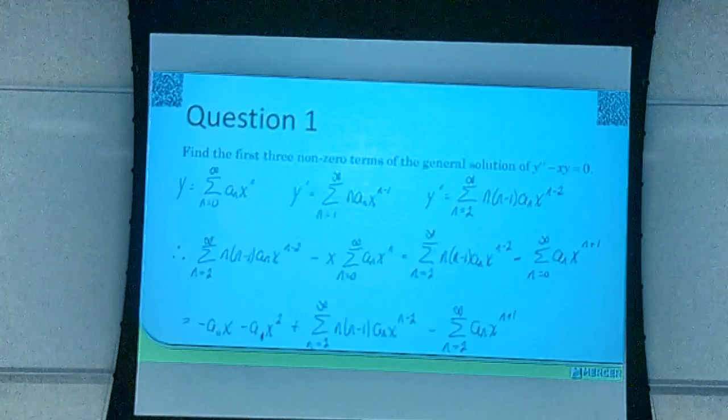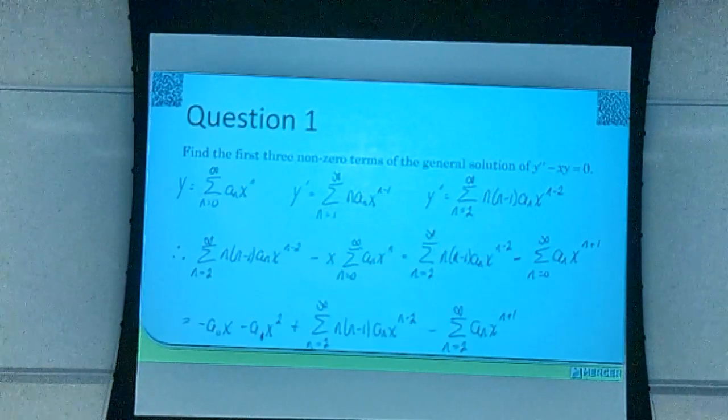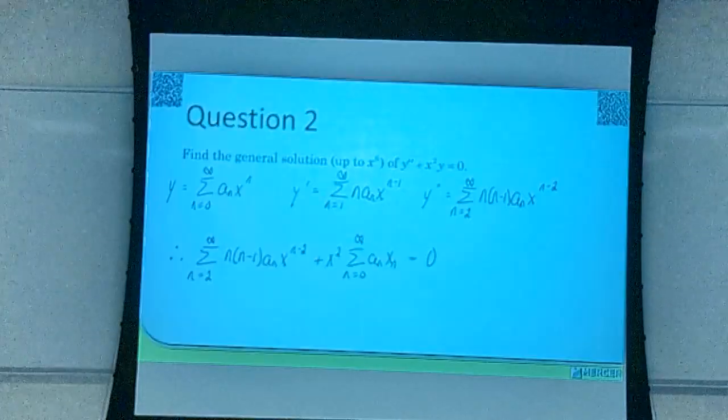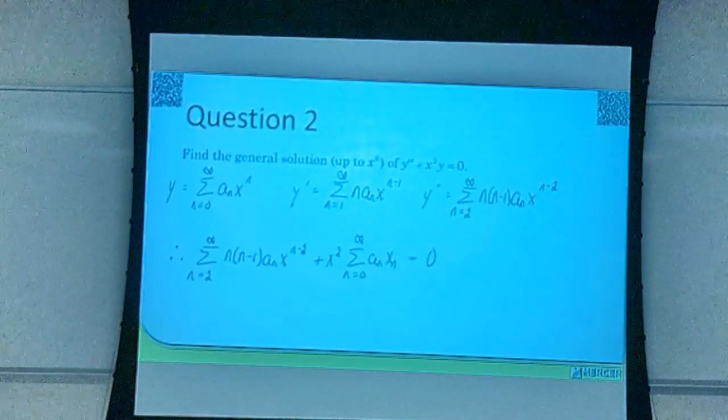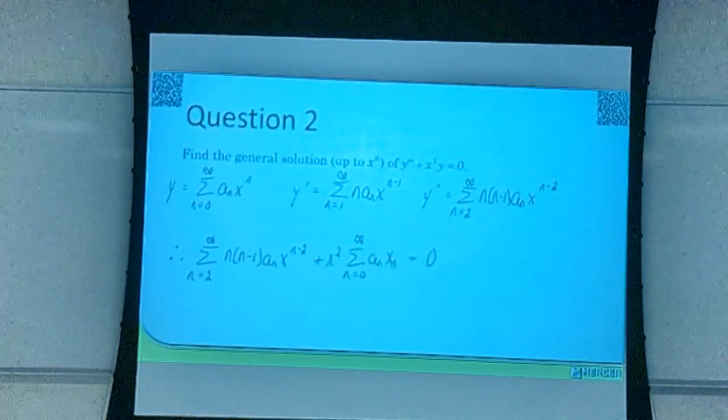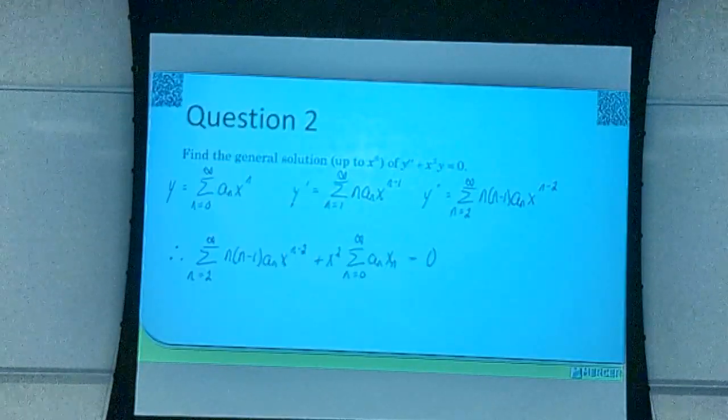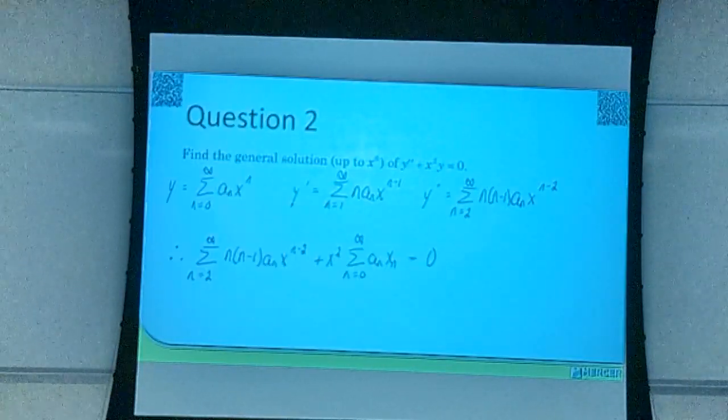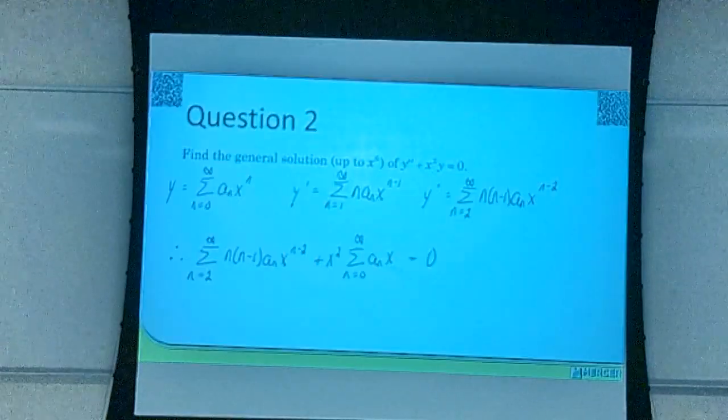Is that the same as what we had here? That was minus x times y. Now the idea is you want to write that as a single power series. With, why did I do x sub n?